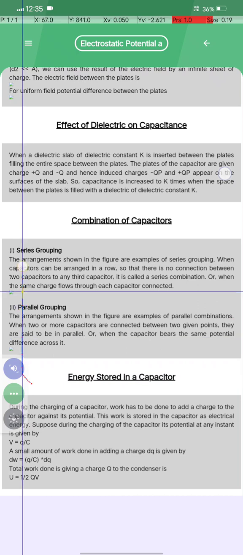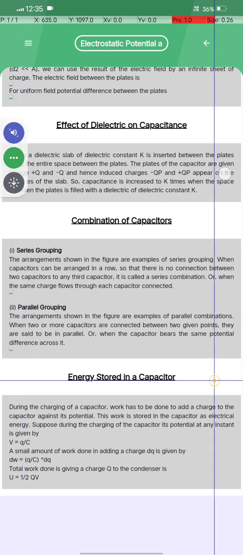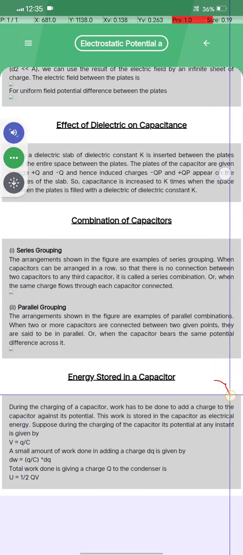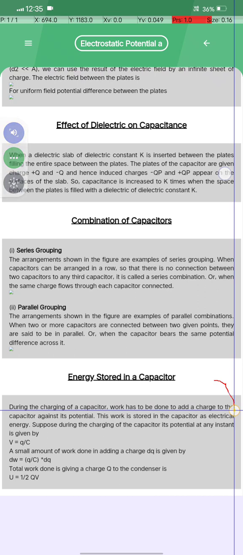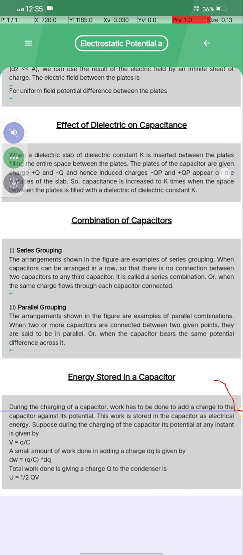What is energy stored in a capacitor? Okay, let us find out. During the charging of a capacitor, work has to be done to add charge to the capacitor against its potential. The work is stored in the capacitor as electrical energy.